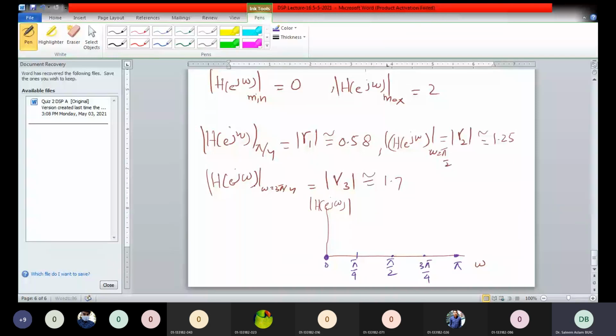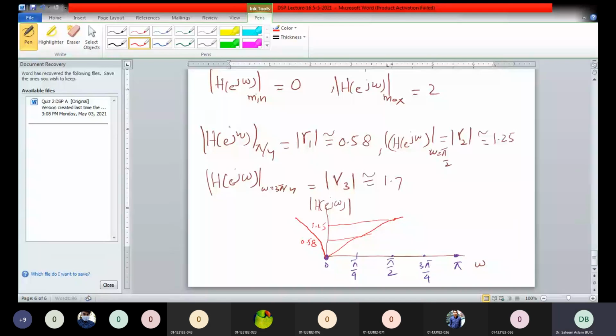So what is the minimum value? It's 0, so we start here. This is the minimum value. What is the value at pi by 4? It's roughly 0.5. And what is the value at pi by 2? It's 1.25, so it's increasing till 1.25.